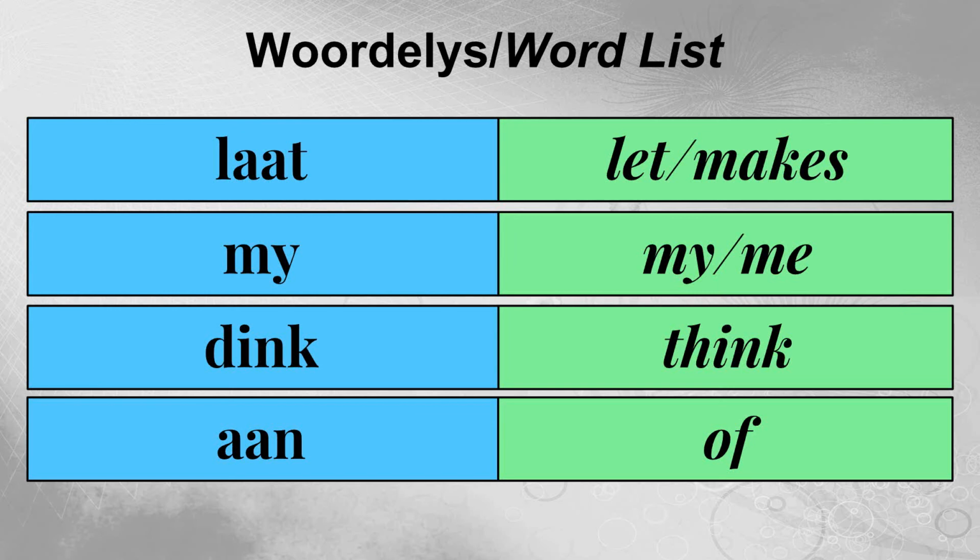So, for example, you can say, Ek dink aan jou, I am thinking of you, or staan aan die kant, stand on this side, or aan die einde van die sin, at the end of the sentence. So just here it was already used as the words of, on, and at.